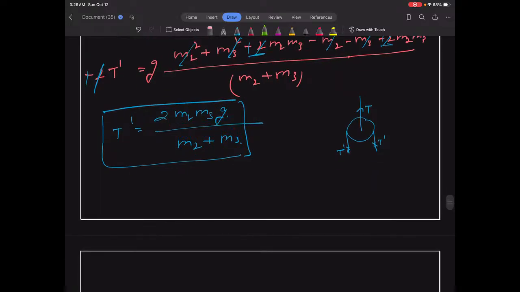Therefore, from here we can simply write that T is equal to 2T prime.